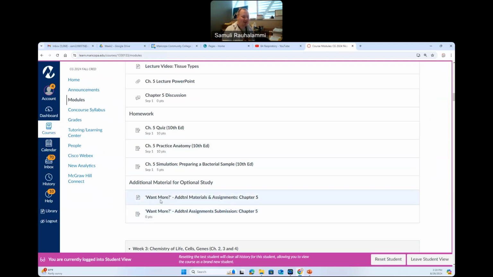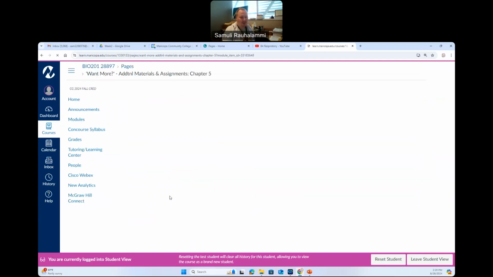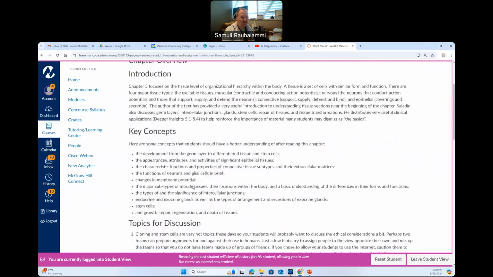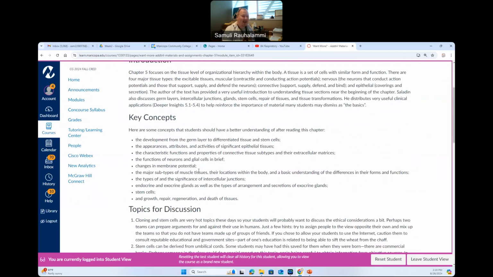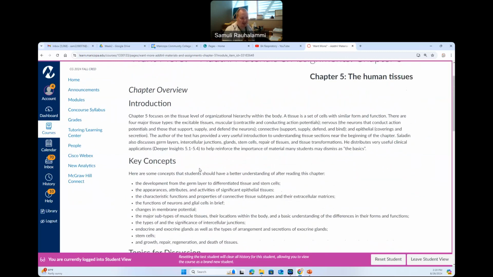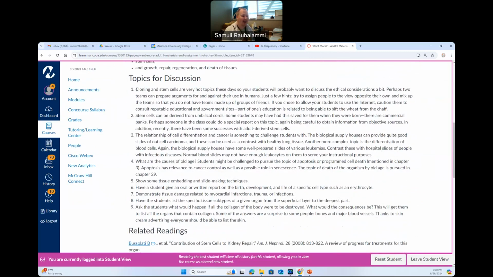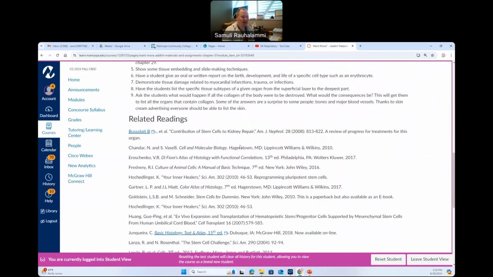And first, what you'll see on the Want More is a page where you'll learn more about a short synopsis of the content for that week, some key concepts, and then I have multiple different kinds of assignments that you could do from that. I have discussion topics. Usually these are more of things that you can consider on a broader sense, and things that don't have a single right answer, so they provide us opportunities to have dialogue.